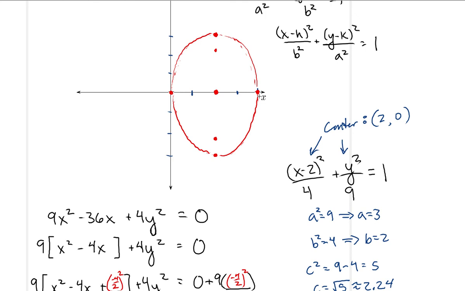So that way we can type things into our y equals menu. So let's see, over here, I'll do this in green. We'll just say to type in the calculator. So we'll take our equation and we're going to get y by itself, right?